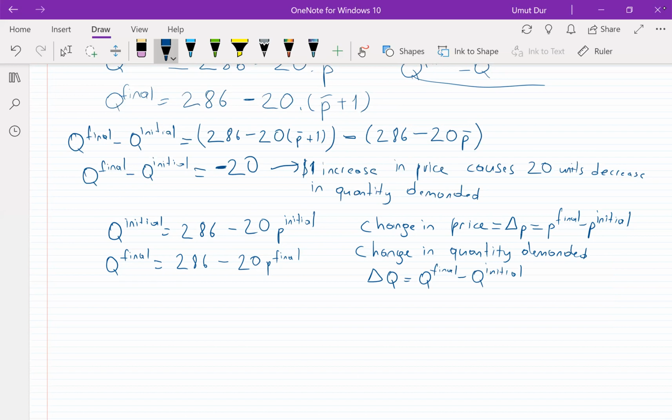Then if I subtract the first equation from the second one, I have the following. Q final minus Q initial is equal to, I'm just writing the second equation first, minus then the first equation.